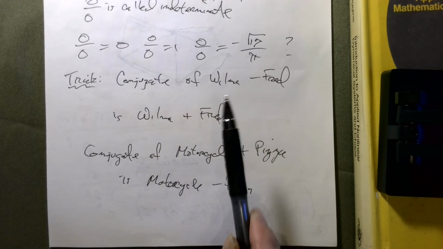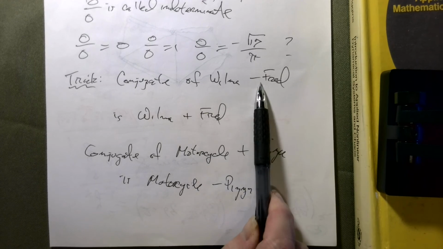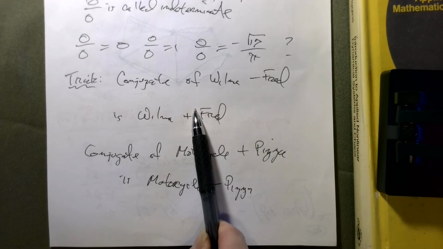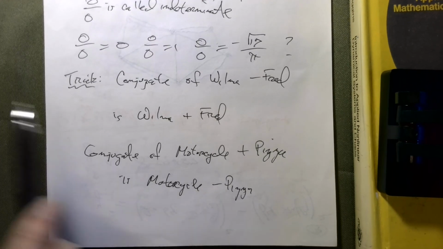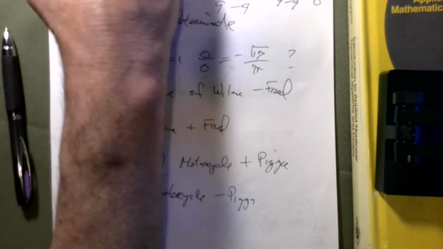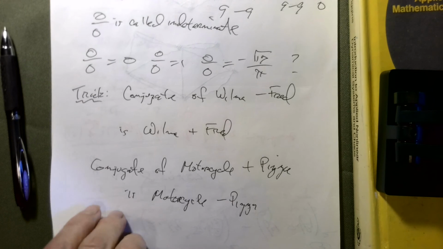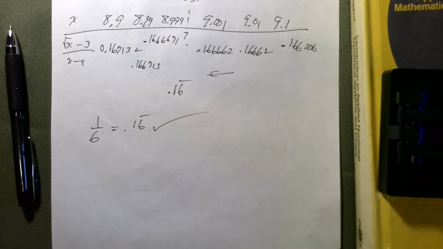So the conjugate of two objects is, if this was a negative, it now becomes positive. If this was positive, it becomes negative. And this turns out to be a very important trick. Actually, no, it's not a trick, it's a property.